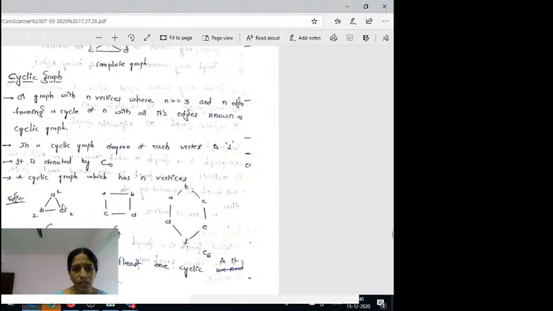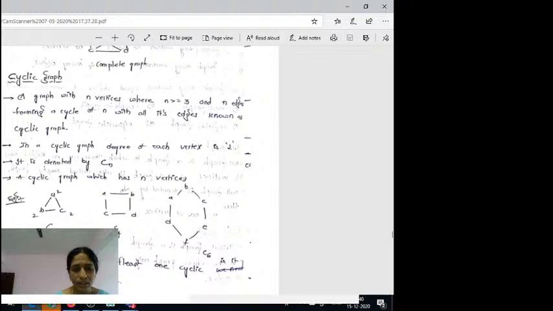Because of this reason, a tree is an acyclic graph. That means an acyclic graph with n nodes contains maximum n minus 1 edges. If the tree contains n nodes, maximum it contains n minus 1 edges. There is no cycle formed.